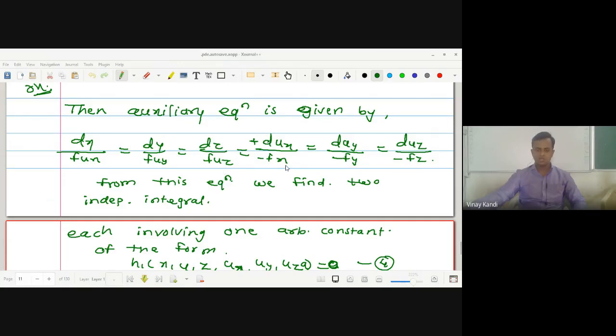This is the auxiliary equation we saw in the previous lecture. Today we will discuss examples on this method.